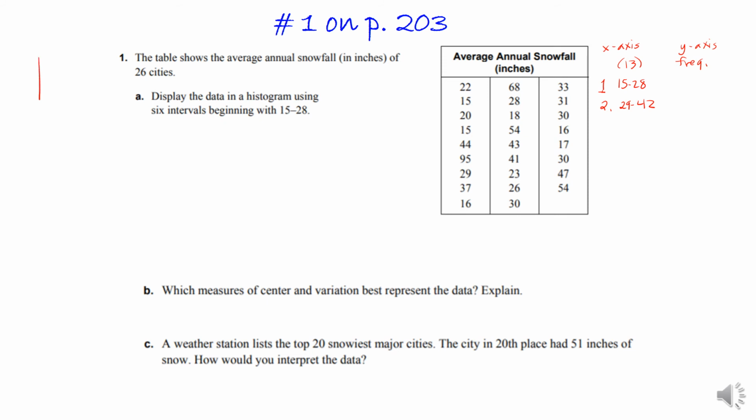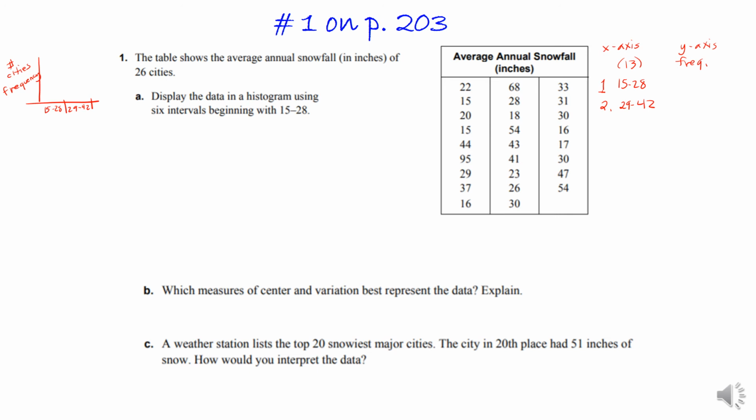So it's going to look like this. Remember, it's going to be your bins, 15 to 28, then 29 through 42, etc. And then over here, it's going to be the number of cities, or the frequency. Now, when you do this, you've got to figure that out first.